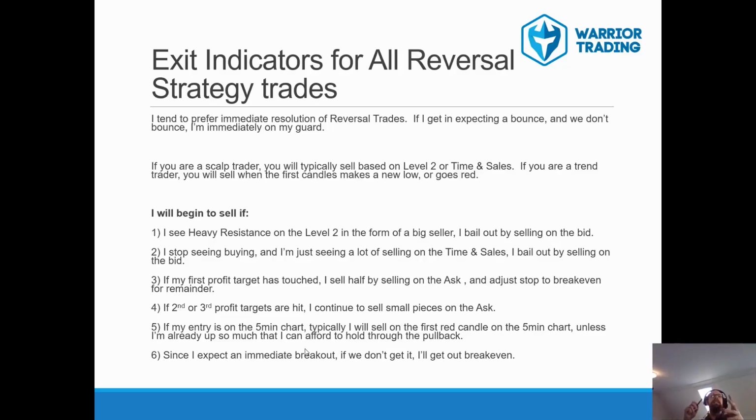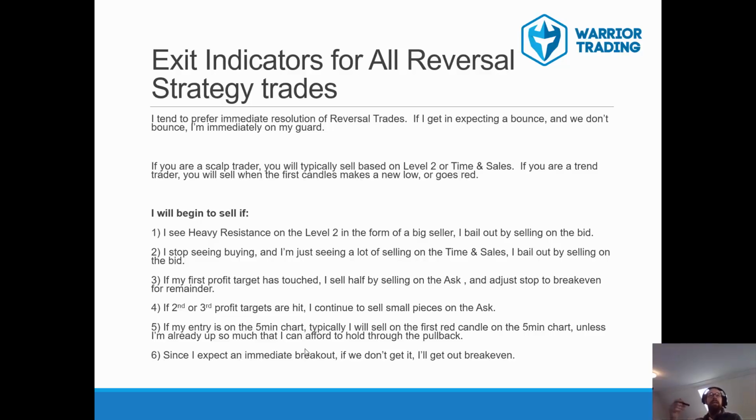Number 2, if I see buying and then all of a sudden things just flatten out and there's nothing, that's an indicator to get out. If I'm seeing buying and then all of a sudden things shift and I'm seeing a lot of selling, that's an indicator to get out of the way.